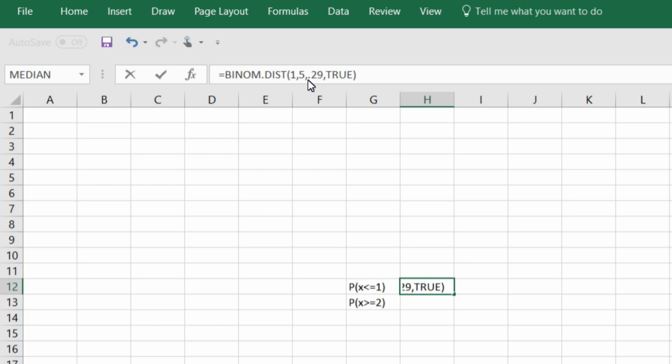So it would be cumulative to 1 means 0 and 1. And when I hit return, it gives me 0.548892.